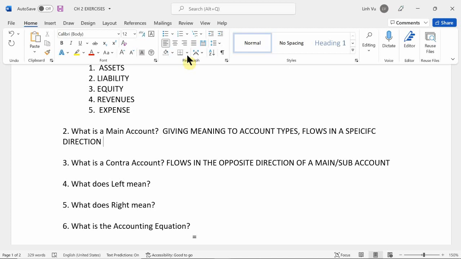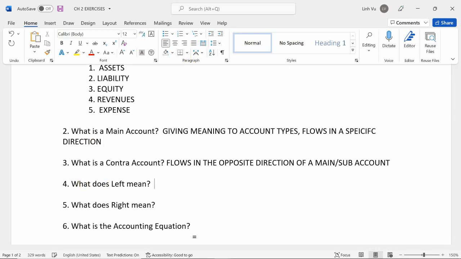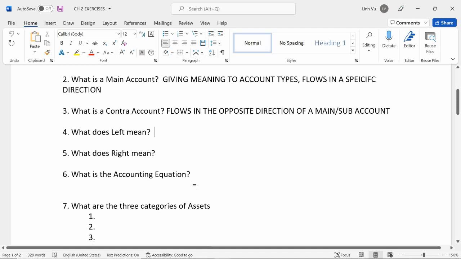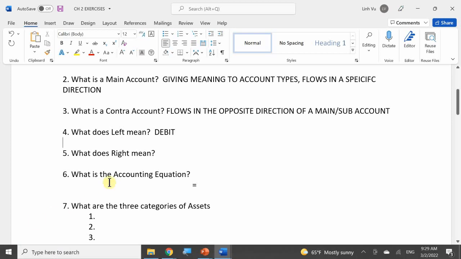What does left mean? The left side of the ledger for debit. Debit, good. What does right mean? Credit. Yes, good.